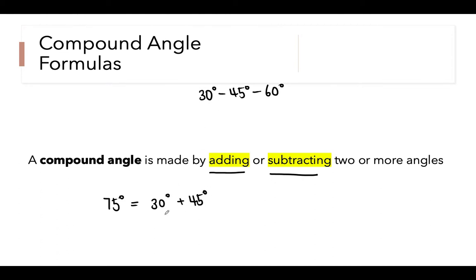So using the special triangle, 75 degrees is a compound angle. And using sine, cosine, and tangent, we can figure out the exact value by using a special triangle. If it doesn't involve a special triangle, that means you will get a decimal answer for your expression.